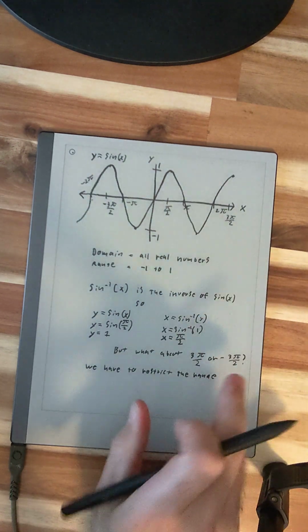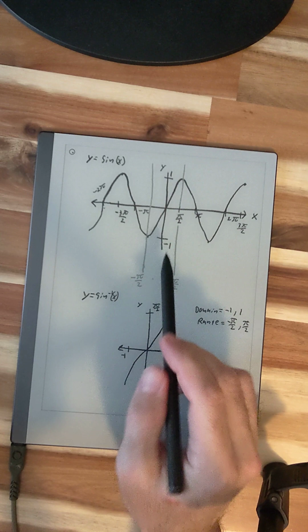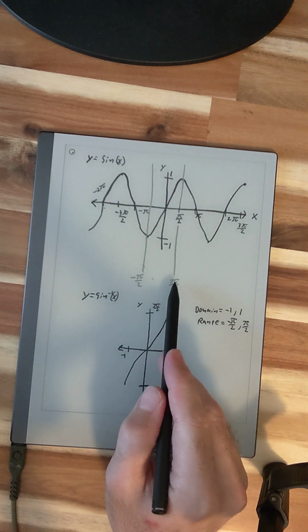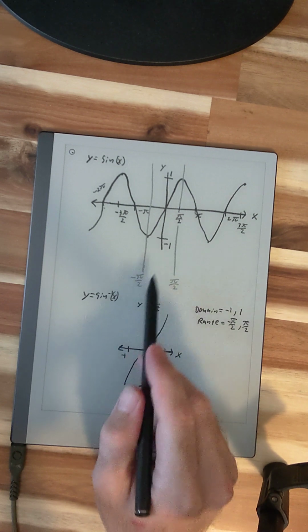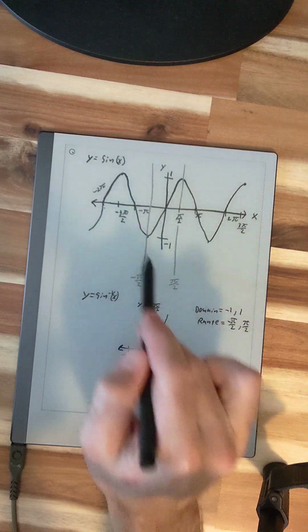So what we do instead is we restrict what we can actually put into it. If we take the sine of x function and restrict it from negative pi over 2 to pi over 2, we have negative 1 to 1, and we only care about this right in here.